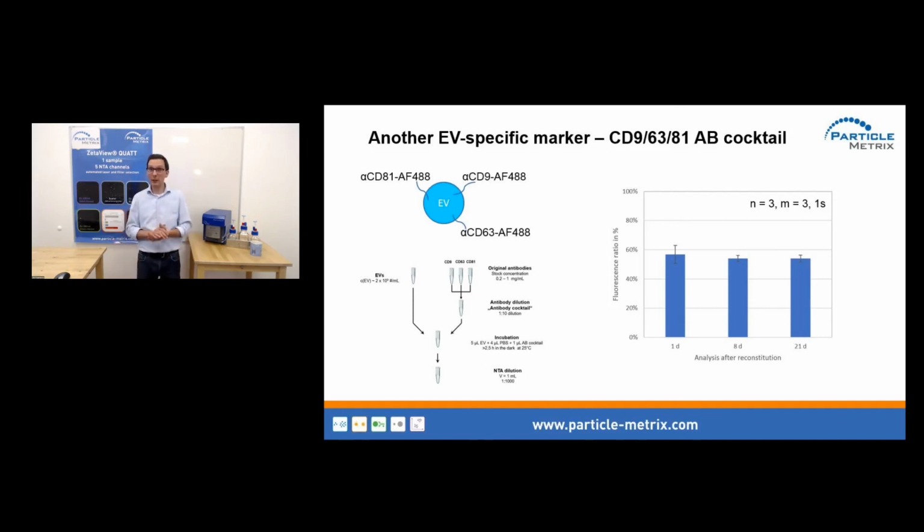Of course, you get a nice signal, which is a sum parameter if you so want, but this gives a quite good signal, and also this is quite nice and stable if you want, for example, a measure which is close to being a total EV count. We did this also on HCT 116 EVs, lyophilized, so we reconstituted them and measured them. Even if they are several days old, up to 21 days old, the count is the same, which is good news.